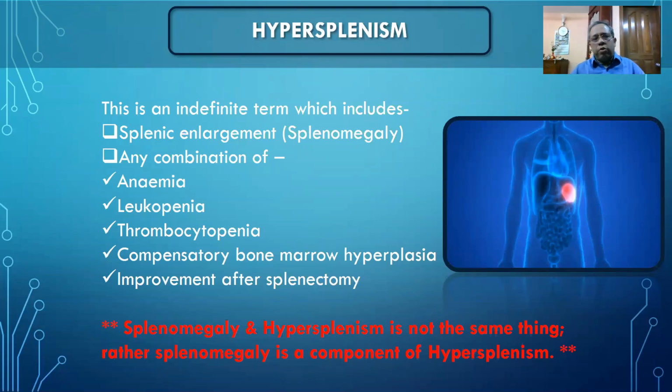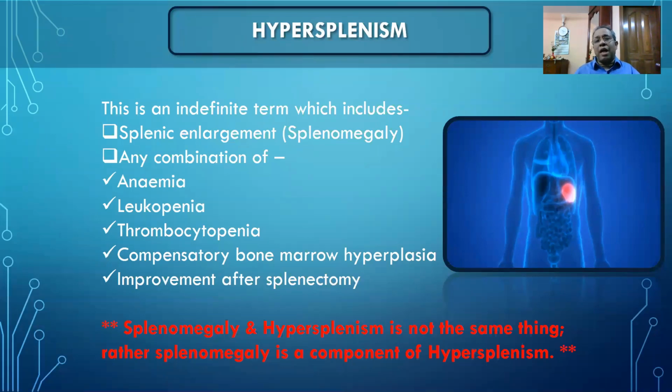So hypersplenism is an indefinite term which includes splenic enlargement, that means splenomegaly, and any combination of anemia, leukopenia, and thrombocytopenia. All indicate that the cellular elements of the blood decrease, with compensatory bone marrow hyperplasia, and all these are improved after splenectomy.